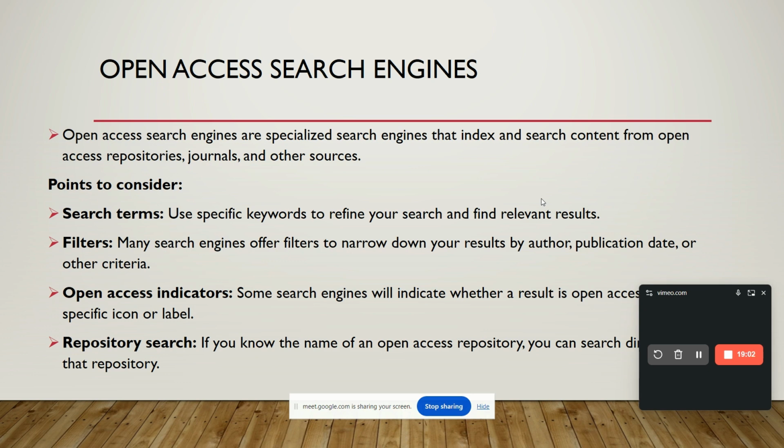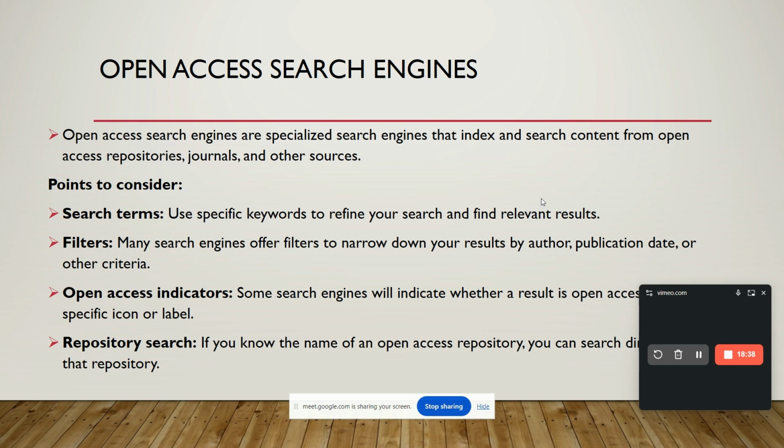So when using open access search engines, you might want to just make sure that your search terms, which are the keywords, are well defined for you to get more relevant information. And then also make use of filters and open access indicators.